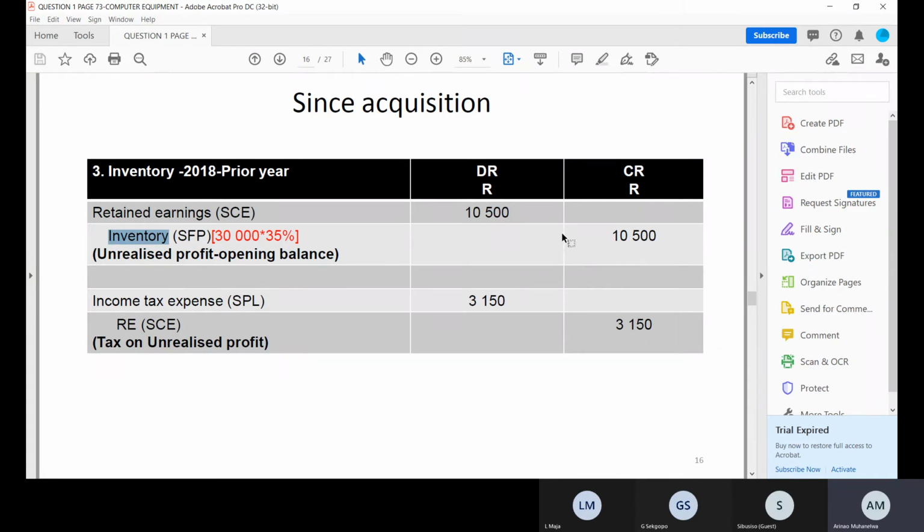So inventory is credited. We're happy with that. So the amount here, when we say retained earnings, we're referring to the cost of sales that goes hand in hand with inventory. But because it's prior year, we use the retained earnings account, not the cost of sales.